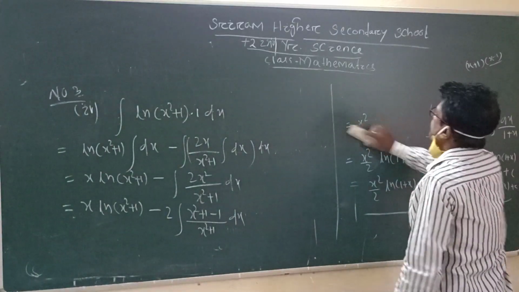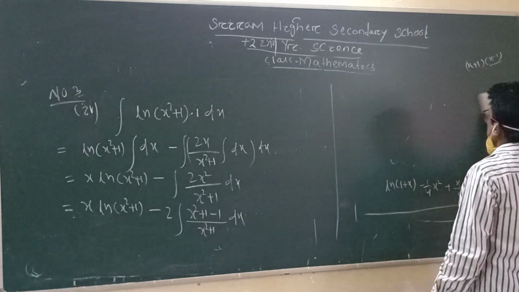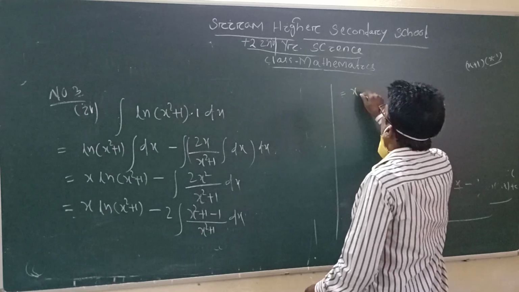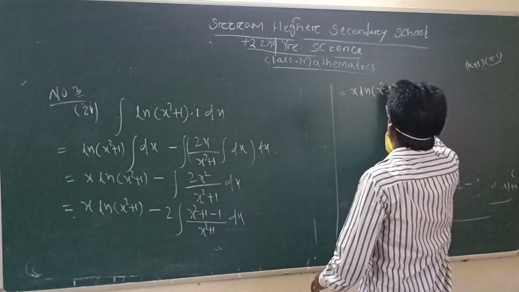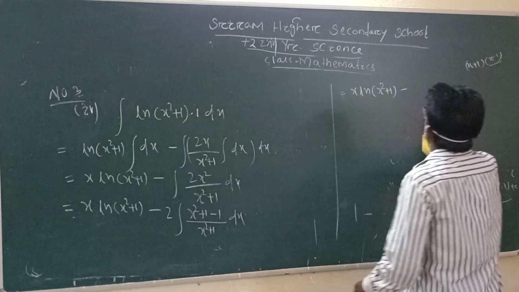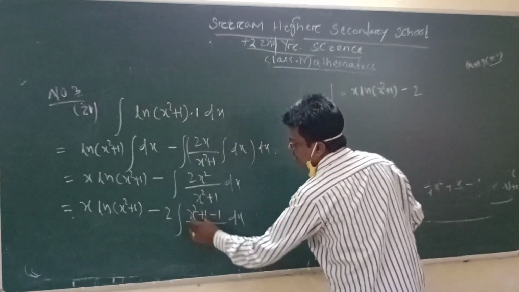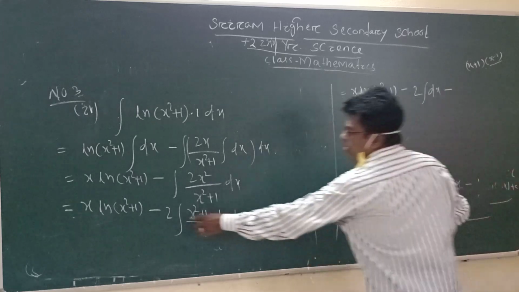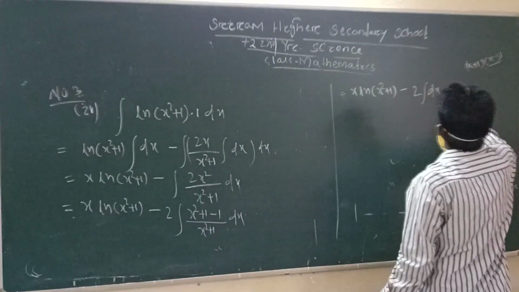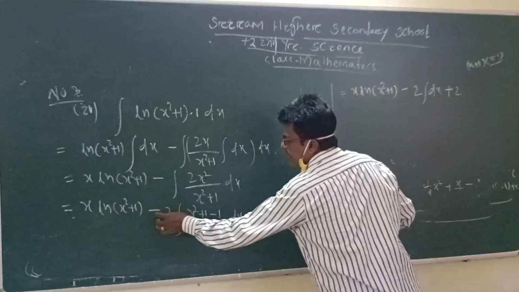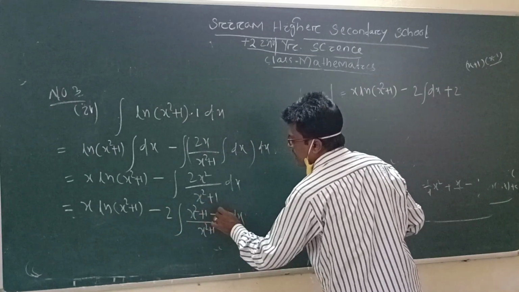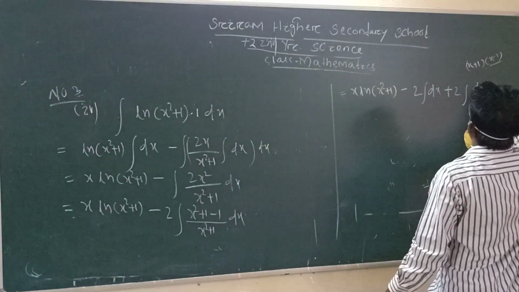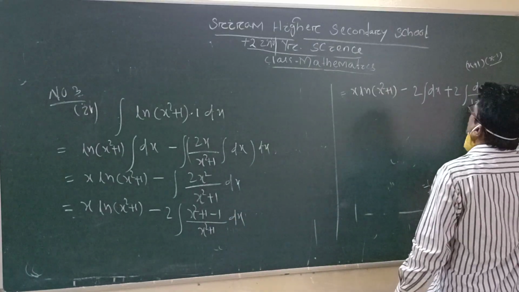So now I am going to evaluate this integration, that is x ln(x square plus 1) minus 2, x square plus 1 cancels, that is 2 dx, and minus 2 is also multiplied in this case, so minus 2 into minus 1 plus 2 by dx by 1 plus x square.